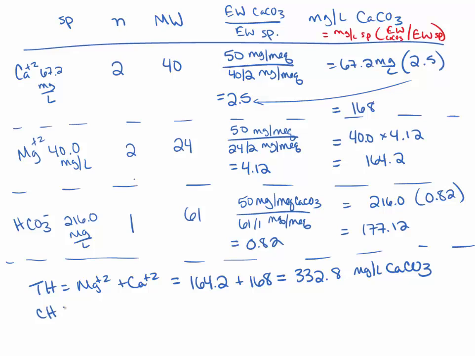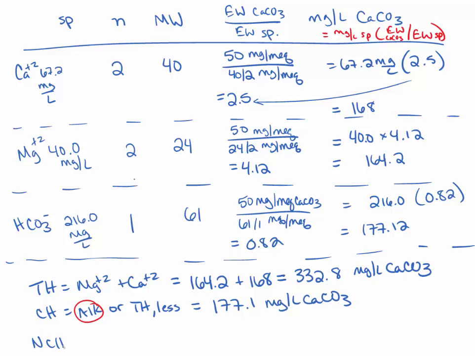The carbonate hardness is equal to the alkalinity or the total hardness, whichever is less. And so in this case, alkalinity is 177.12, and that is less than the total hardness. So we will choose the alkalinity as the smaller value, 177.1 milligrams per liter calcium carbonate.